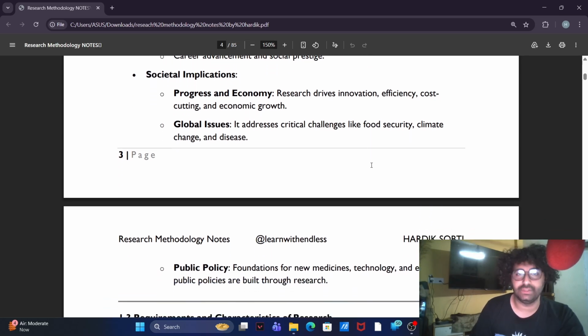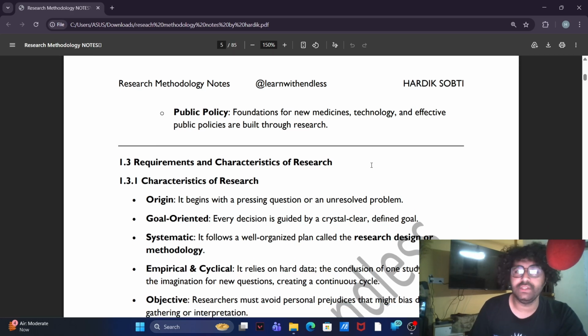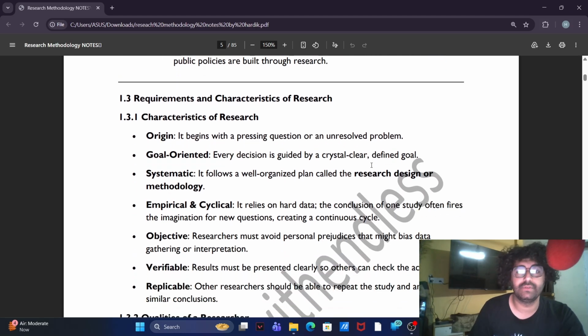Societal implications, progress and economy: research drives innovation, it is efficient, cost cutting, and drives economic growth. Global issues: it addresses critical challenges like food security, climate change, and disease. Public policy: foundations for new medicines, technology, and effective public policies are built through research.